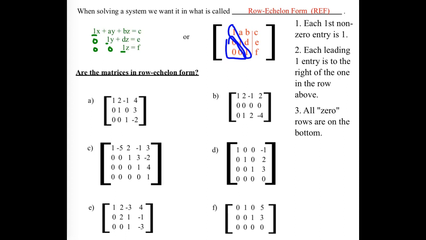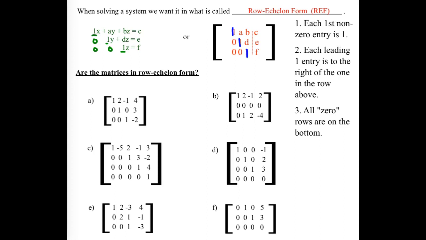In other words, as I move down, the 1 moves further to the right. Does that make sense? Okay. And then the last rule says if you have a row of all zeros, it has to be in the bottom, the last row of your matrix.